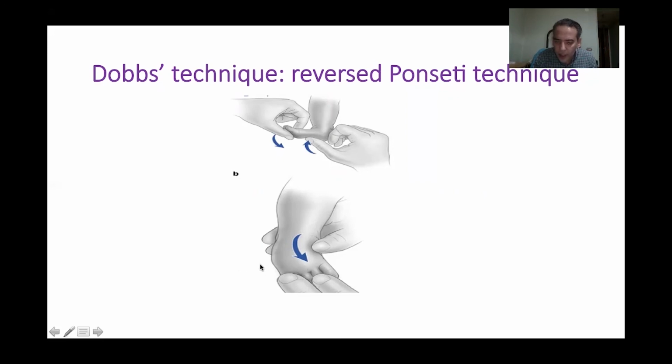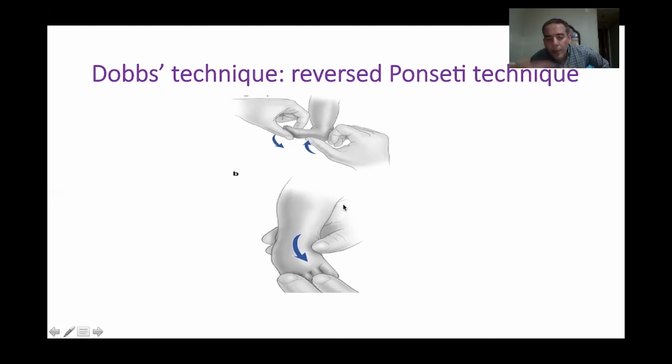You push the calcaneopedal unit in plantar flexion and internal rotation, and this will reduce the midfoot. Once the midfoot is reduced, you do open or closed pinning of the talonavicular joint, and then after correction of the equinus by tendo-Achilles tenotomy, that will correct congenital vertical talus.